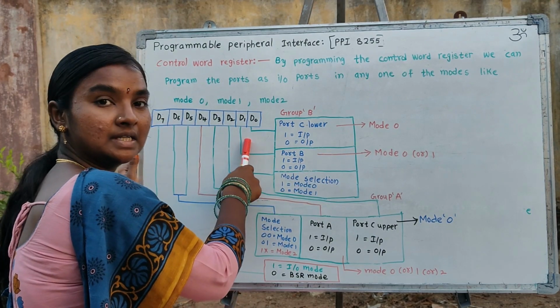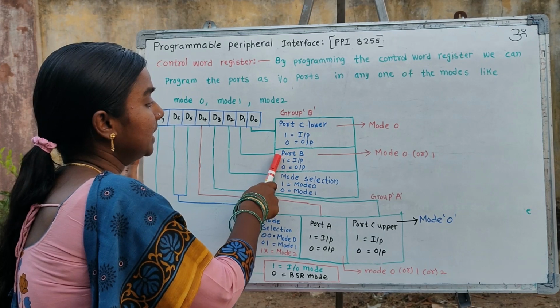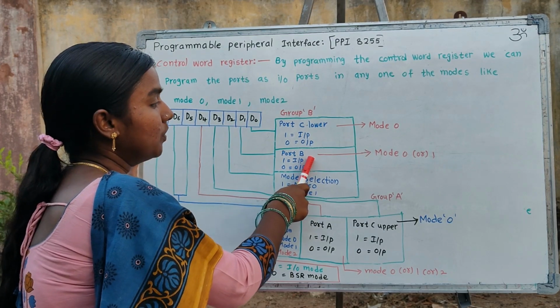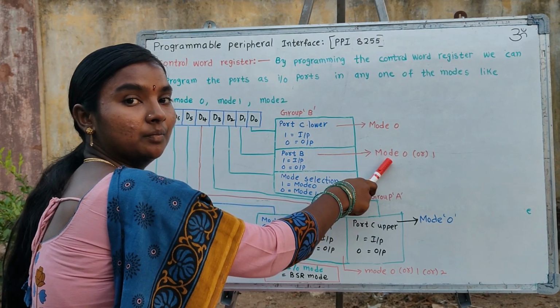Next, if I consider the D1 bit, here port B is going to be decided. Port B is going to work in mode 0 or mode 1.